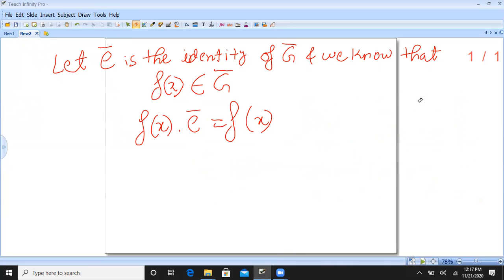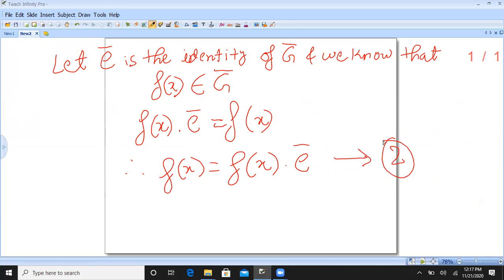Using that, I have written this step: f of x into e bar is equal to f of x. Therefore we can write this: f of x is equal to f of x into e bar. This is your equation number 2. Okay, this is equation number 2.